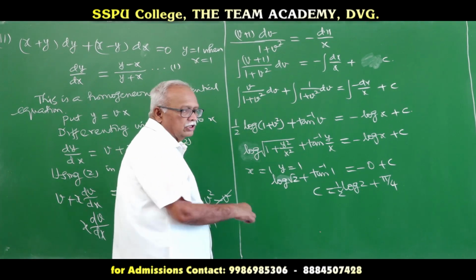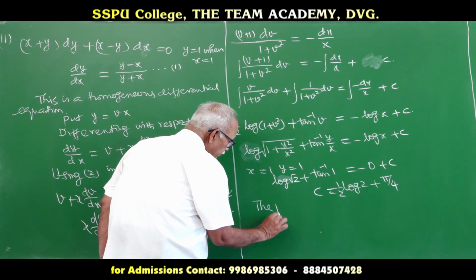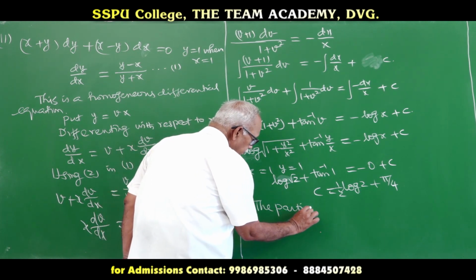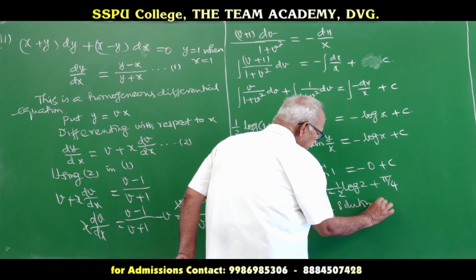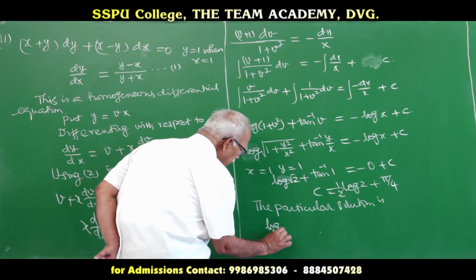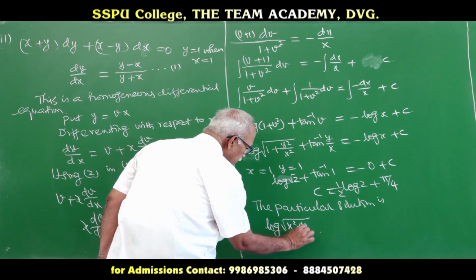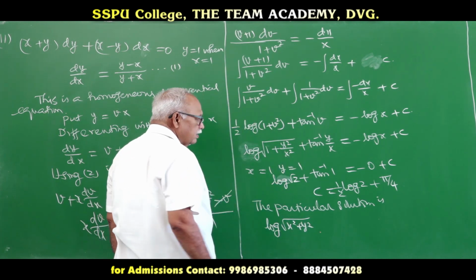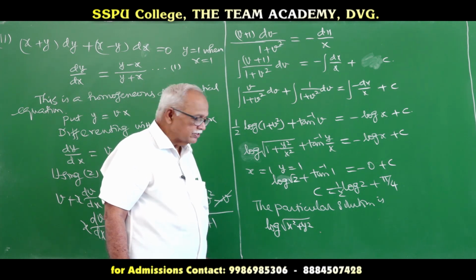Now we get the particular solution. Write the particular solution. The particular solution is, here you can see, log of root of x square plus y square. Here the denominator x square is there, root of x square becomes x.